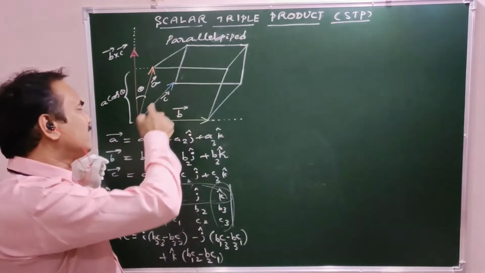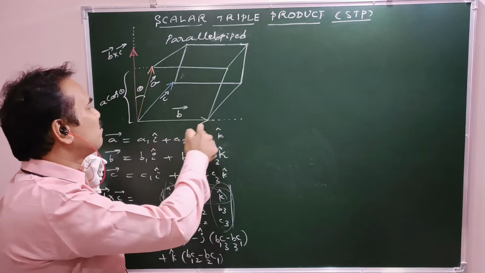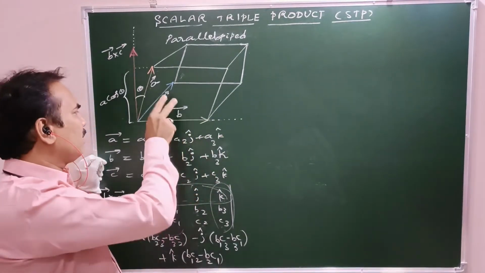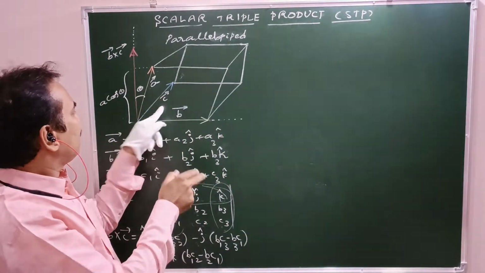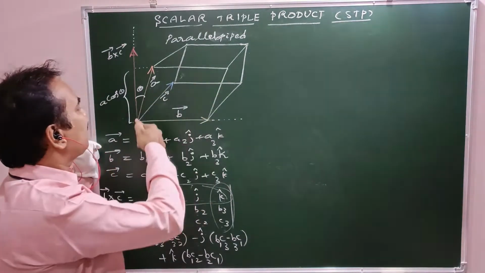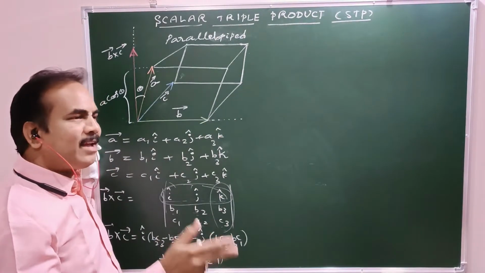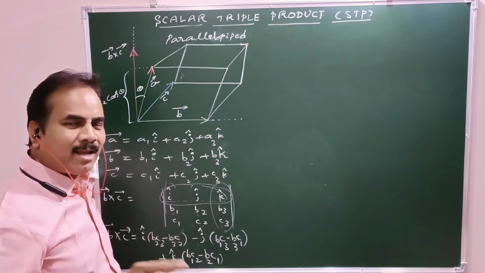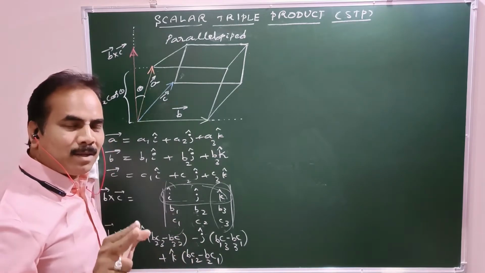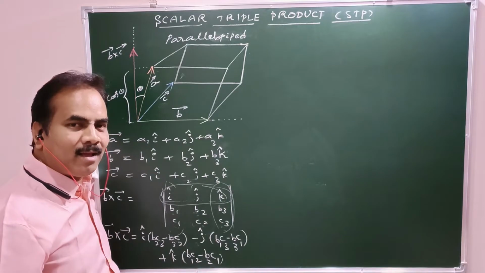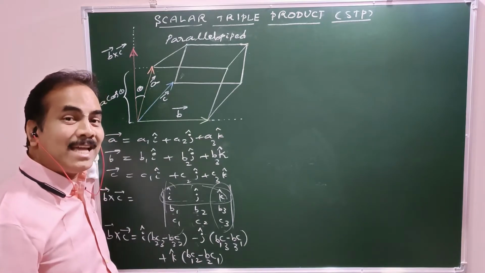Okay. What is this bottom plane? See the shape of this bottom plane. It may be a square or rectangle. Now, if a square, rectangle or parallelogram is formed by any two vectors, then the magnitude of the cross product of those two vectors becomes equal to the area of that figure.